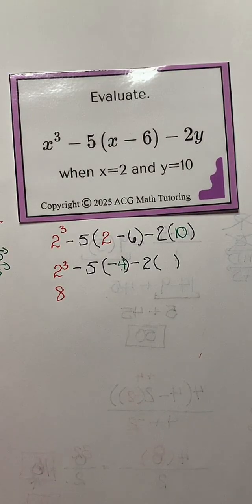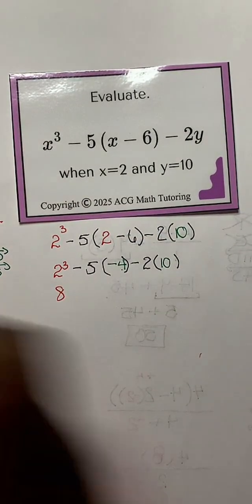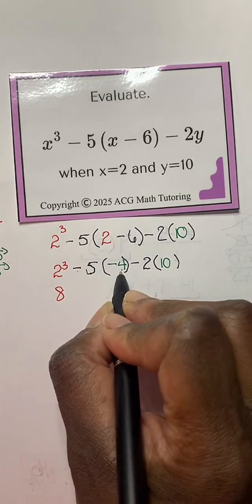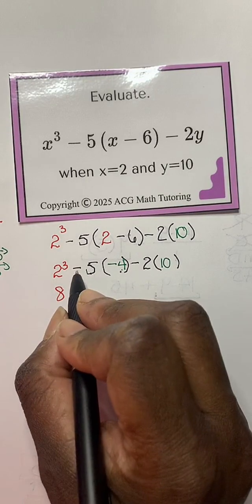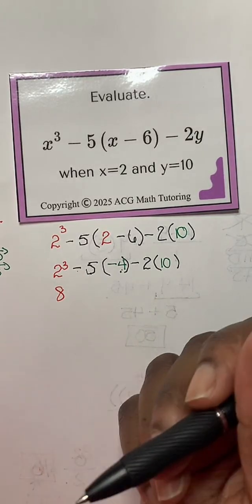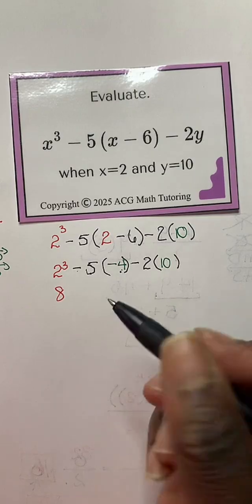So since we took care of that, let me not forget about my 10 right here. So now we have our negative 5 times negative 4. A lot of people get like, well, you're subtracting. Well, remember, subtraction symbols and negatives are very similar.